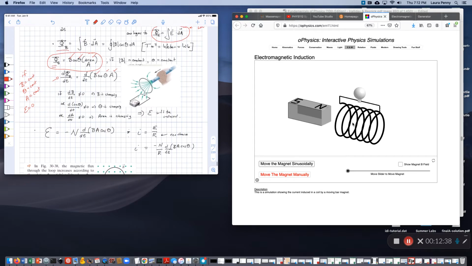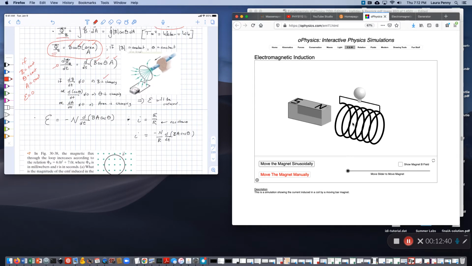But if any of them are changing, if the magnetic field is getting stronger, if theta is changing, or if the area is changing, then we're going to get an EMF, and that means we'll get a current.